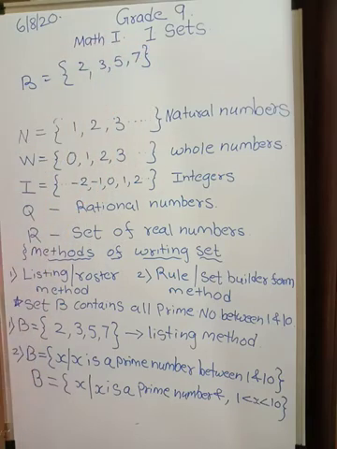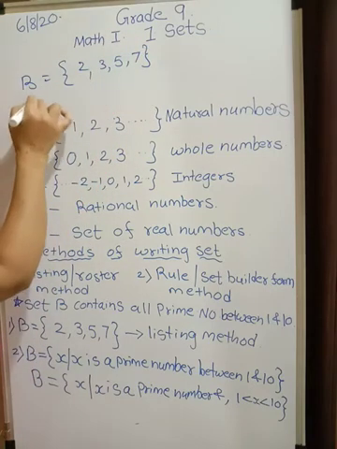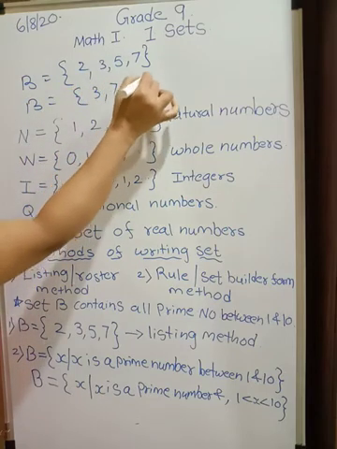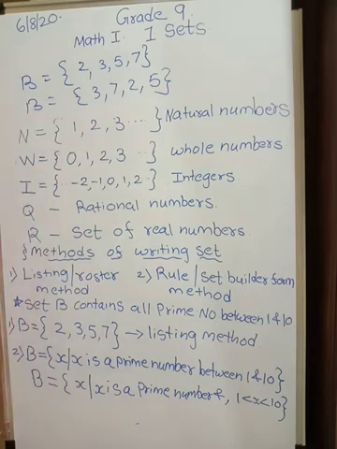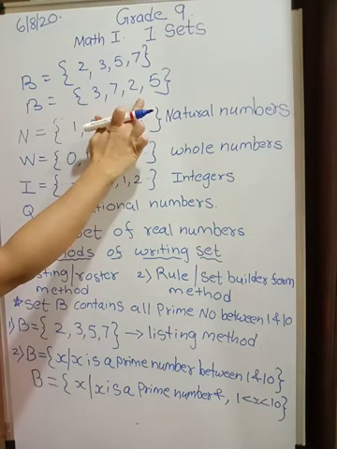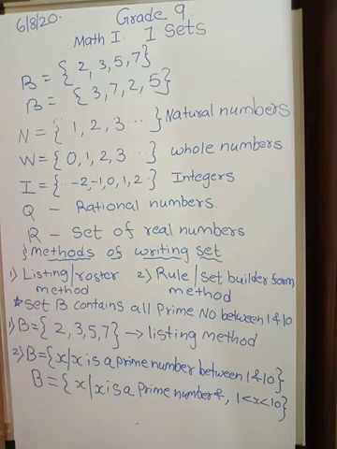These are all prime numbers between 1 and 10. I can write this set like this also: 3, 7, 2, 5. This is also correct. That means order is not important. It is not mandatory that you write in order. You can write in any order, that is fine. So this is how we can write the sets.